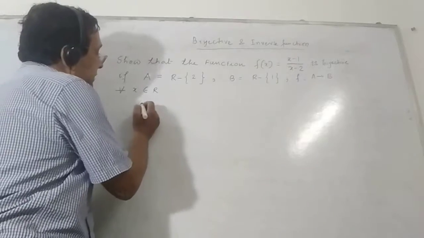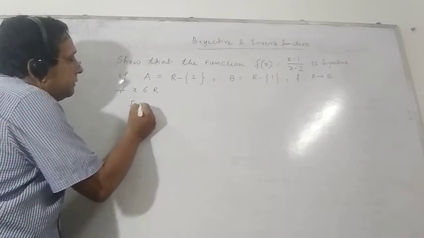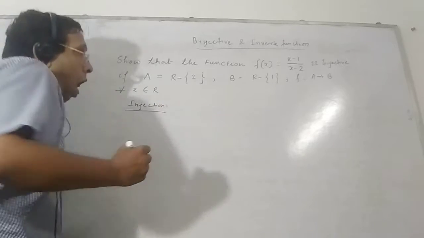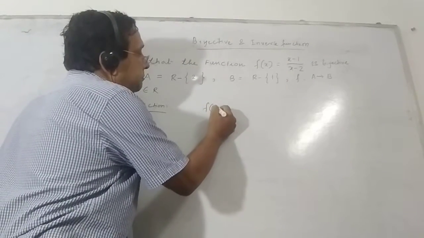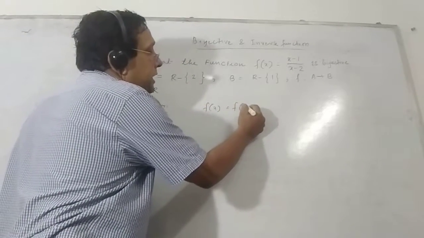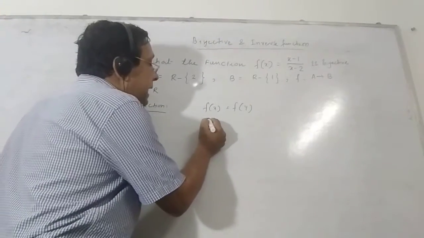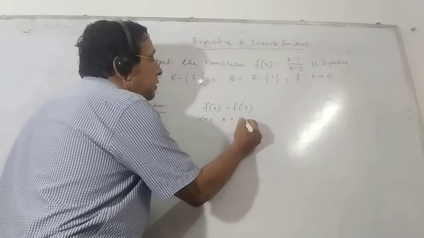See, for the injectivity test, you write in this way. For injection, you know the definition of injection: if f of x is equal to f of y, this implies x is equal to y.